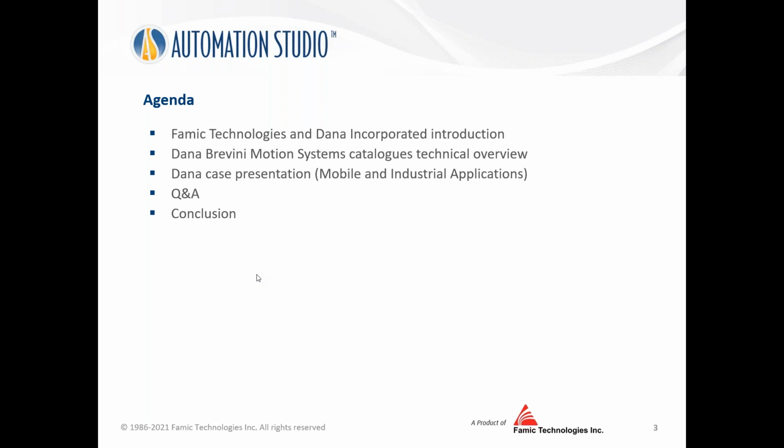Afterward, Francesco is going to present different Dana cases in mobile and industrial application. And finally, we will have a question and answer period and the conclusion. The session will be recorded, and we will be sharing this webinar with all of you after it. So now let's start with Famic and Dana introduction.